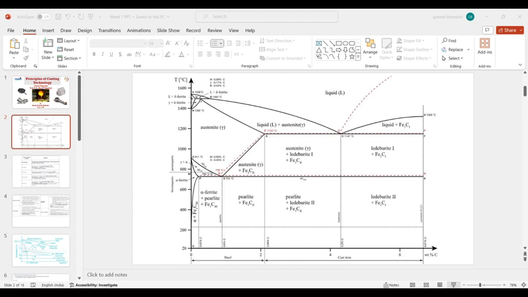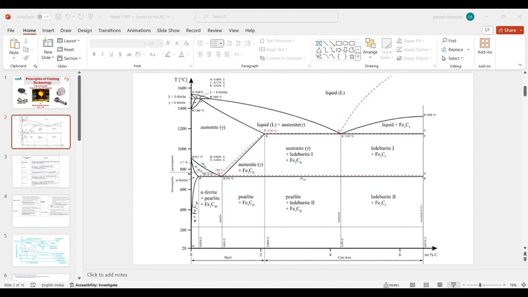And the lower critical temperature is the lines from G to P and P to S, and from S to K.